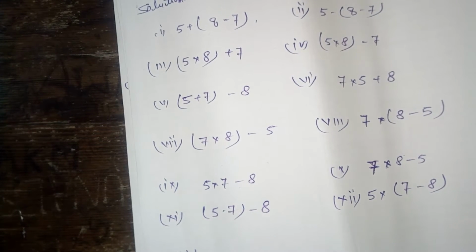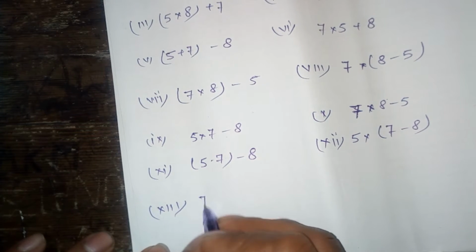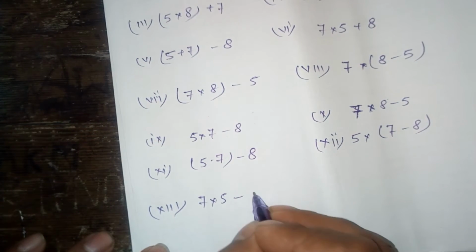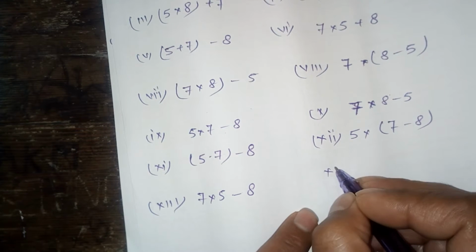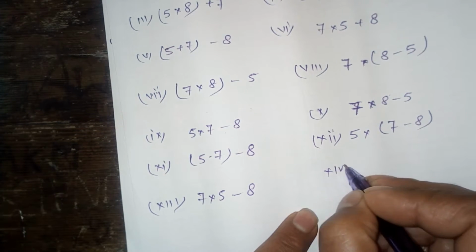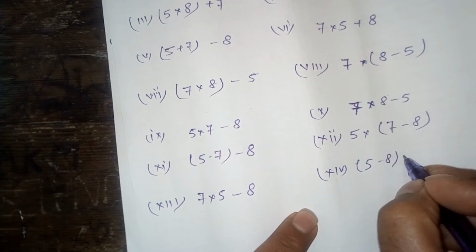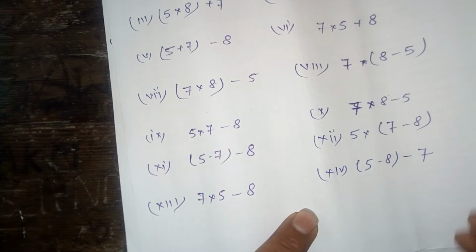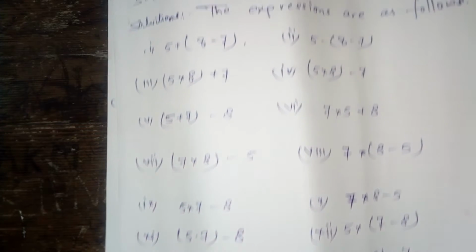Your 13th expression is 7 into 5 minus 8. Your 14th expression is in bracket 5 minus 8 minus 7. You can make different types of expressions. So all these are solutions of question number 1.